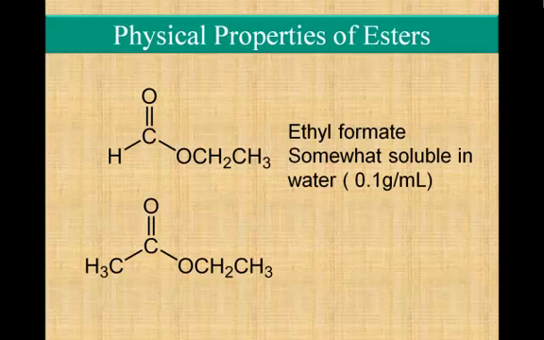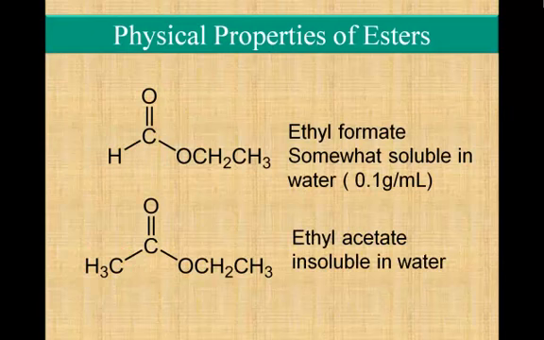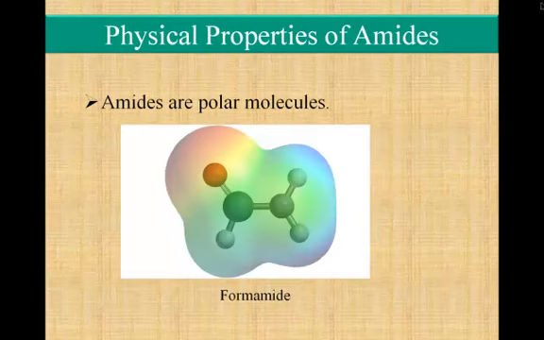If you get any bigger than that, for instance, if I replace the hydrogen on ethyl formate and I make ethyl acetate, it is completely insoluble in water. Any ester that's larger than ethyl formate, and most of them will be larger than ethyl formate, is going to be insoluble in water.